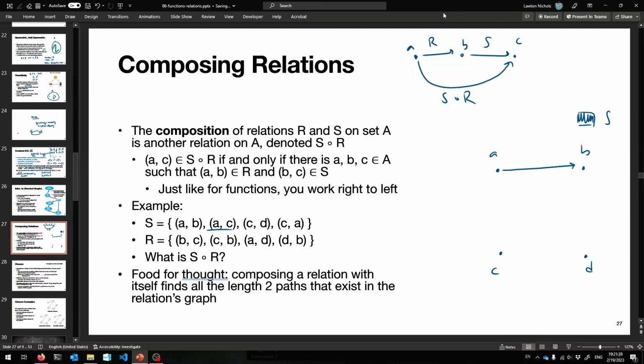A is related to C under the S relation. C is related to D under S. And C is related to A under S. Okay? So that is the S relation.